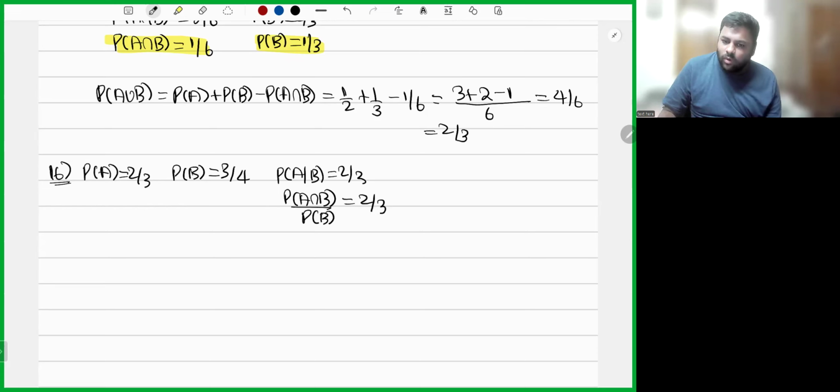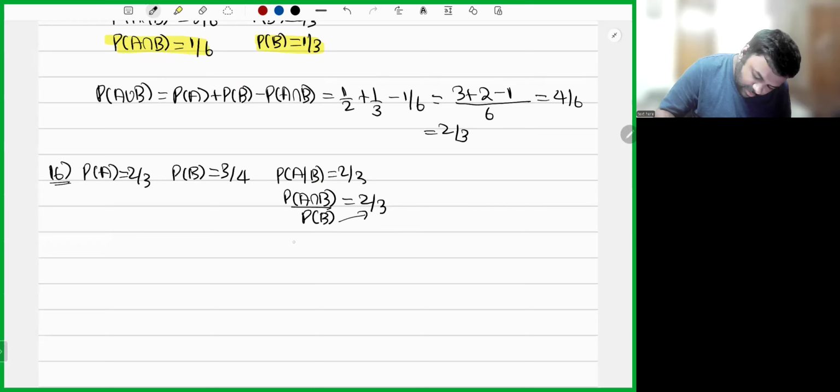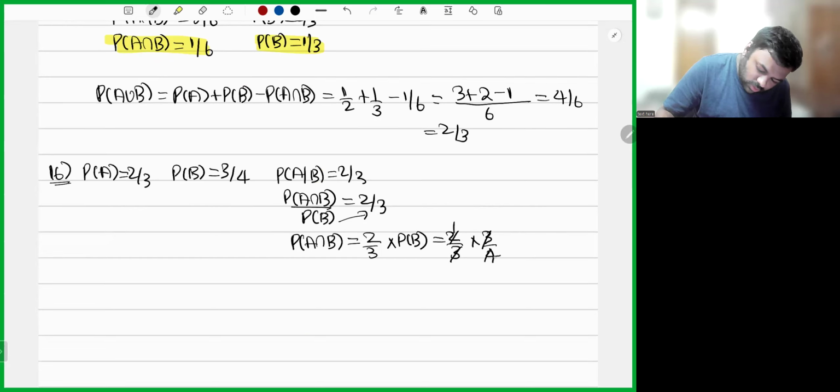Right? Now I want to calculate P of A intersection B. Let me do cross multiplication. P of A intersection B is 2 by 3 into P of B. 2 by 3 into P of B is 3 by 4. Cancel, cancel. 2 ones, 2 twos. That is 1 by 2.